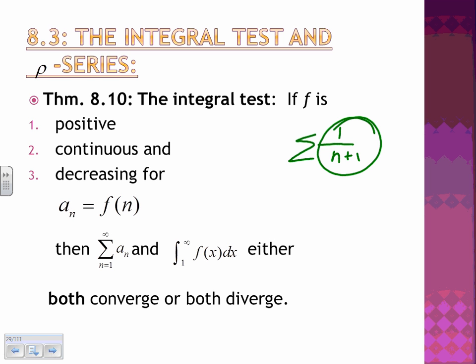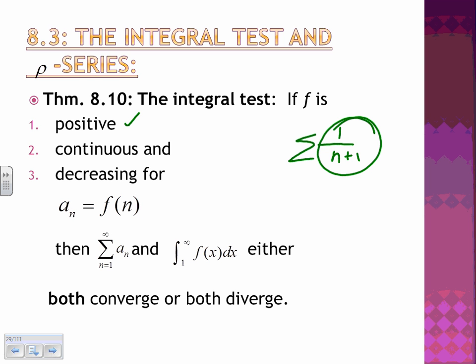Okay, so after we get that, when we say, yep, I want to try the integral test, before you can even do the integral test, it has to meet 3 conditions. If you don't show these 3 conditions and you try to use the integral test, you get no credit, okay? So you have to show these 3 conditions before you can do anything. The first thing you have to do is show that you're always getting positive outputs.